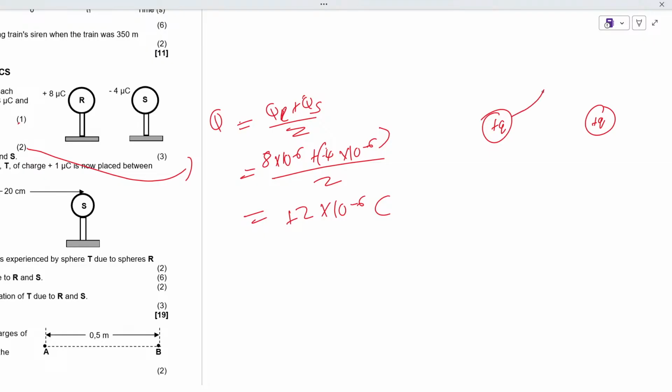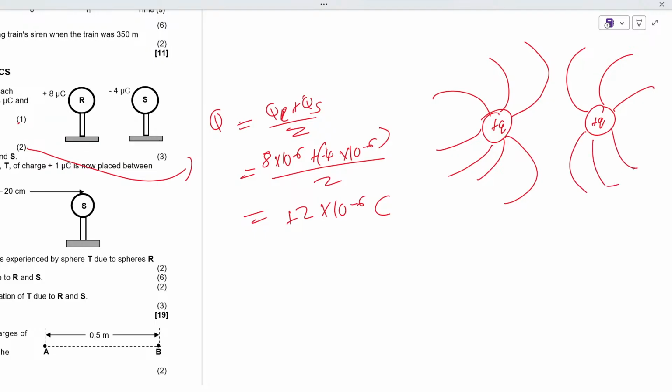So they are going to repel one another. So they are going to be like this, just any way of drawing them. There's no right way. And then here it's just going to be upwards, outwards, outwards.